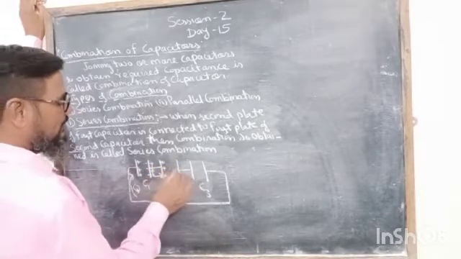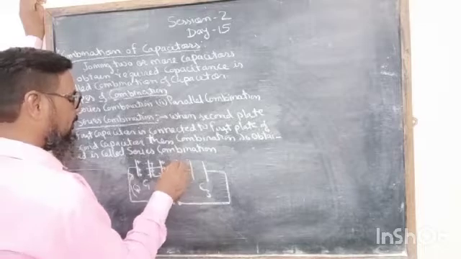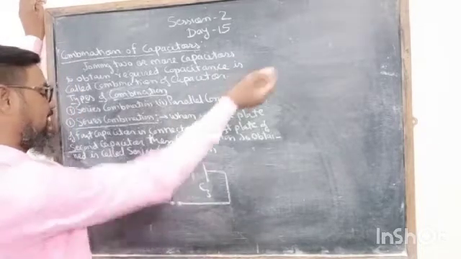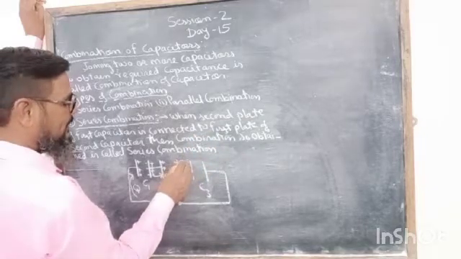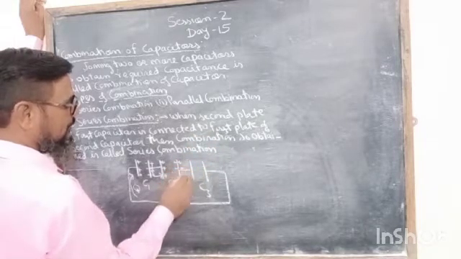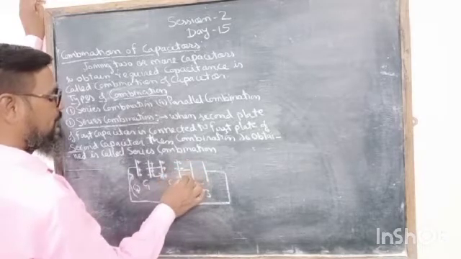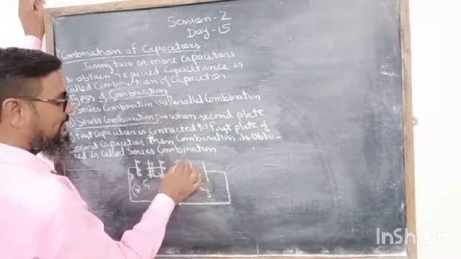Now by the process of induction, the minus Q charge is induced at the inner surface of the second plate of the second capacitor, and plus Q charge is induced at the outer surface of the second plate of the second capacitor.